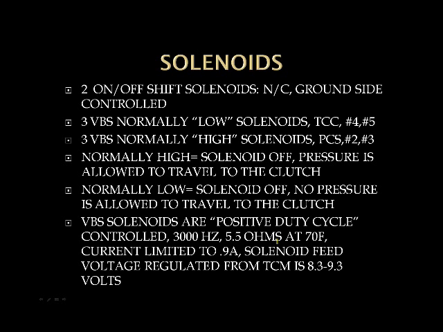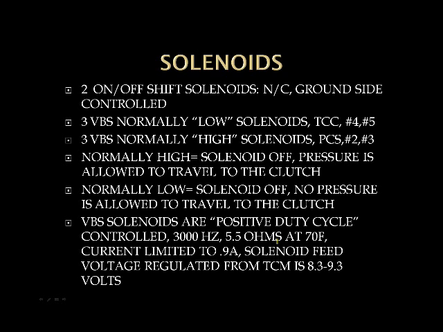So you've got 3 variable bleed solenoids that are considered normally low solenoids. This TECM is built by Bosch, and Bosch basically refers to their solenoids as either a normally low or a normally high solenoid rather than a normally closed or normally open solenoid. So a normally low is used for a TCC, number 4 and number 5 solenoid.